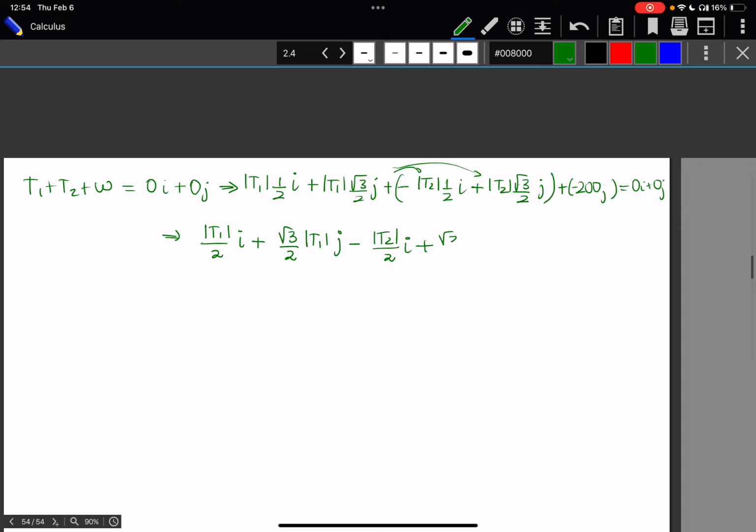So we have square root of 3/2 times magnitude of T2, J, and then minus 200J should be equal to 0I plus 0J.